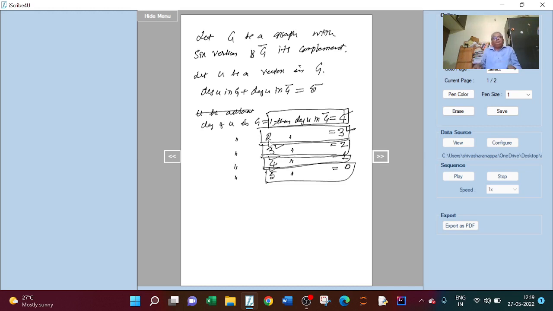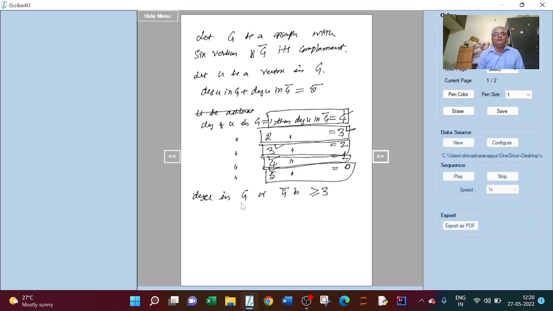So that means if you take any vertex U, then its degree in G or G bar is at least 3, greater than or equal to 3.